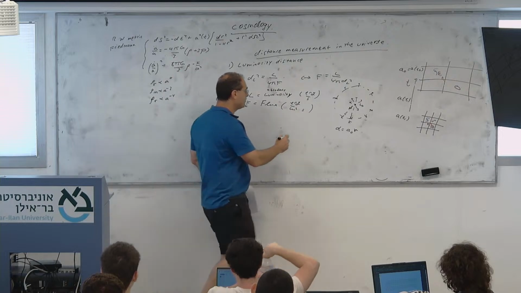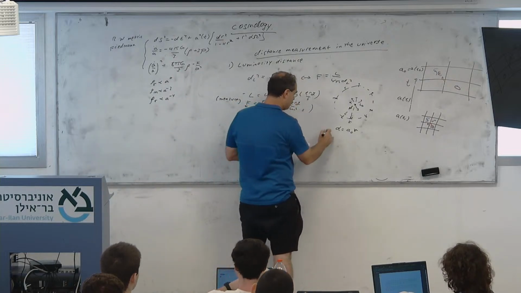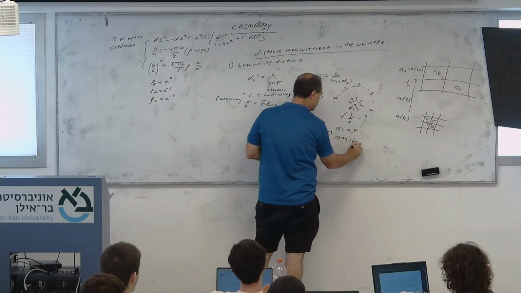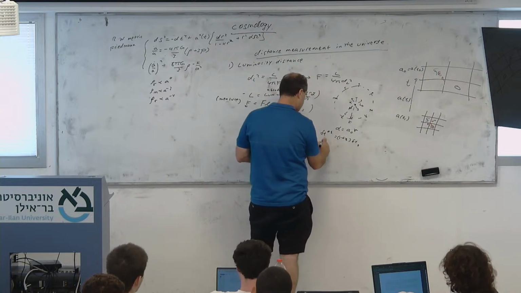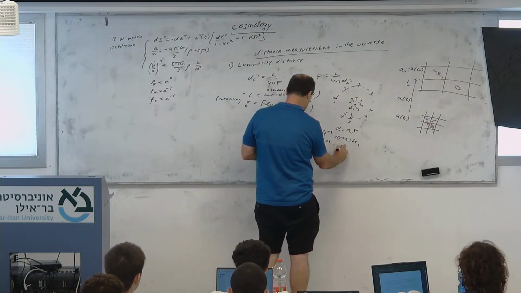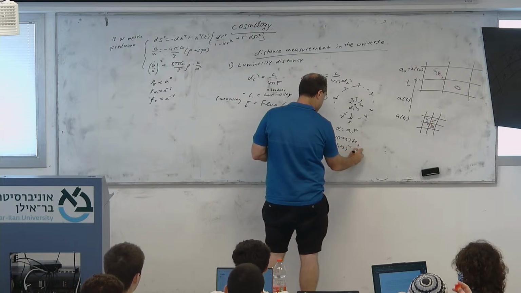So delta t observed is 1 plus z times delta t emitted, and the frequency, nu observed, is nu emitted divided by 1 plus z.